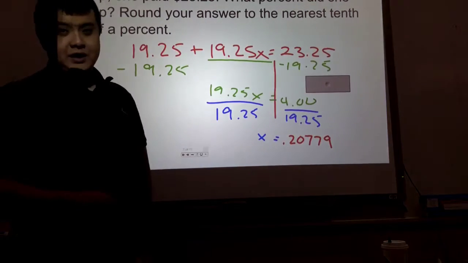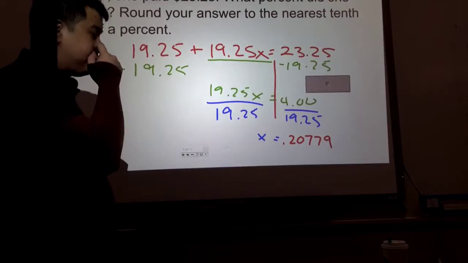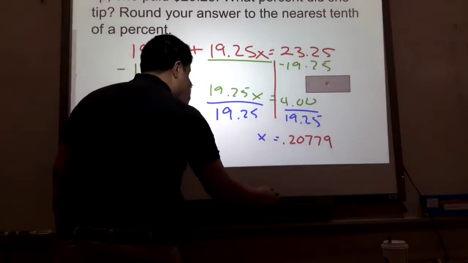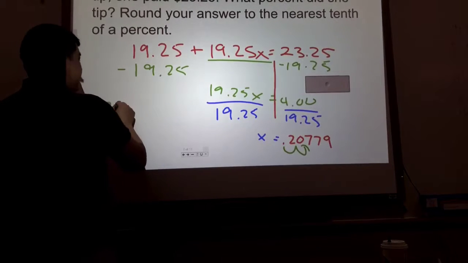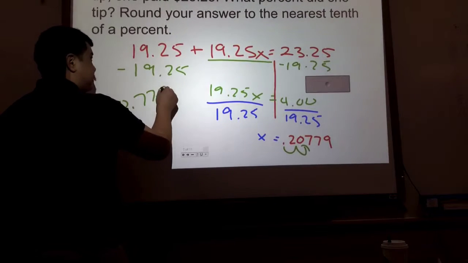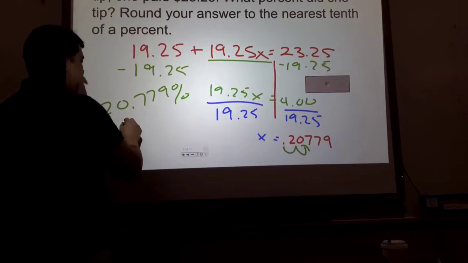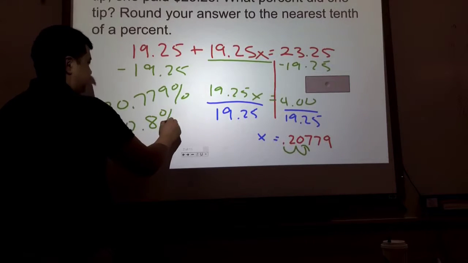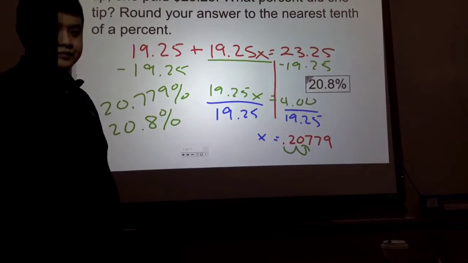Again, this is not our percent change quite yet because this is the decimal form of it. Percent means over 100, which means that we need to multiply this by 100, moving the decimal place over twice. We get 20.779%. Rounding to the nearest tenth of a percent, we get 20.8% as our final answer.